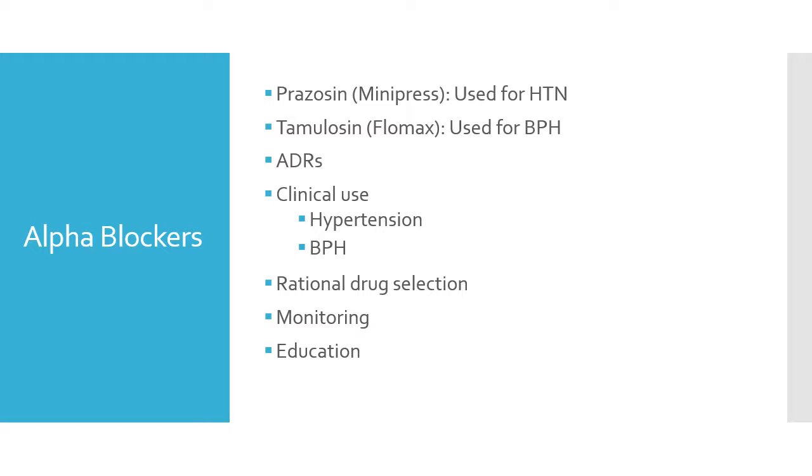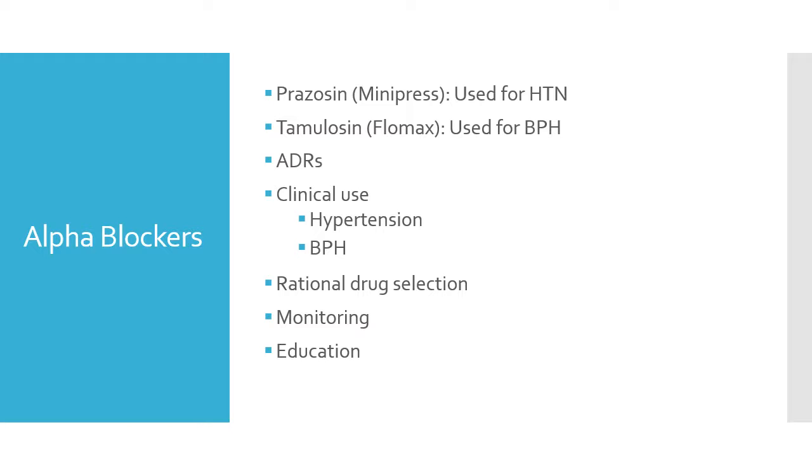That's your classic Flomax. You have to be cautious with the selective alpha antagonists because they cause postural or orthostatic hypotension and can lead to falls. Think about it. Classically, the alpha blockers are used for elderly men with BPH that also have hypertension. So you have to be cautious.